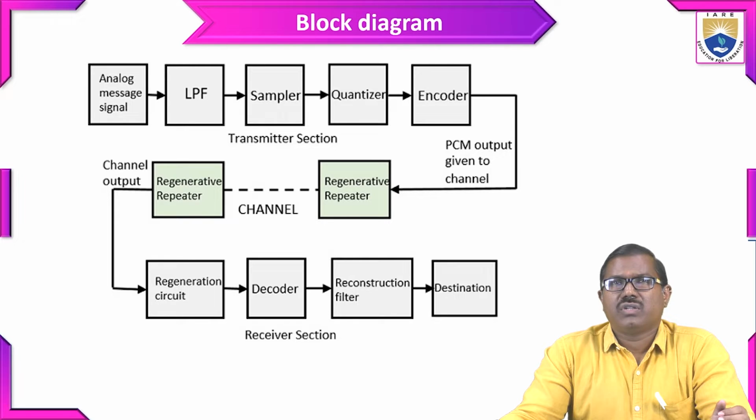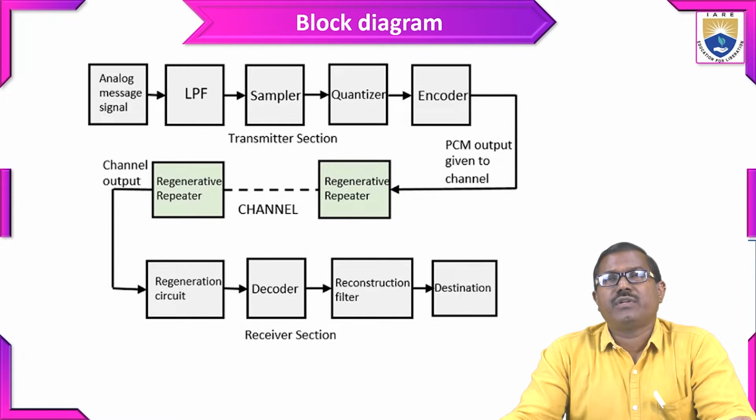Before sampling, we use an LPF, low pass filter, and after low pass filtering, we use a sampler. The sampler, we know, converts continuous time into discrete time. After the sampler, the time will be discrete, but the amplitude is as usual in continuous form. That's why I use a quantizer, which makes the continuous amplitude discrete. So now the output of the quantizer is in pure discrete form.